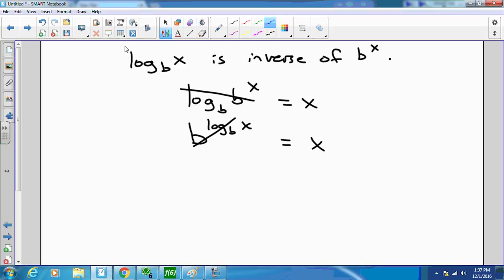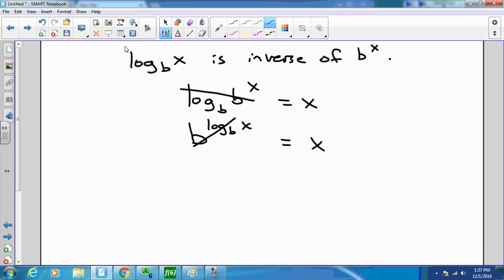What we can do from this fact is to take all of our exponential properties and invert them, just like we did previously. We can take the graph of b to the x and invert it so that we get a graph of log base b of x.